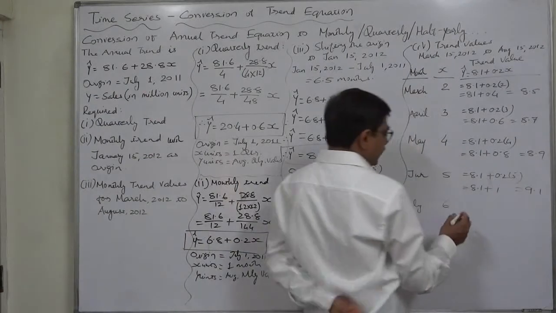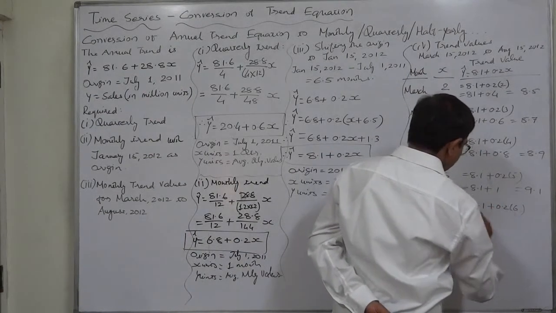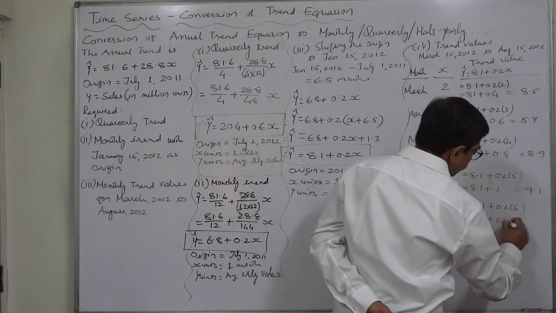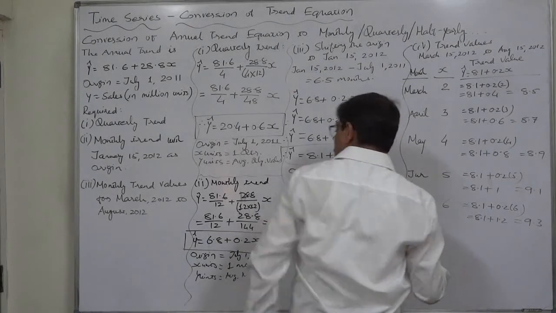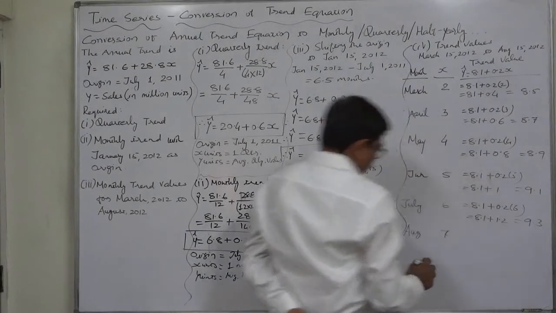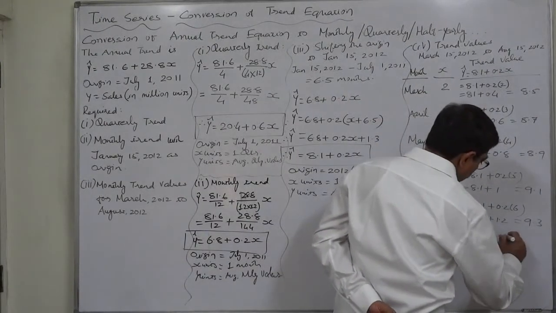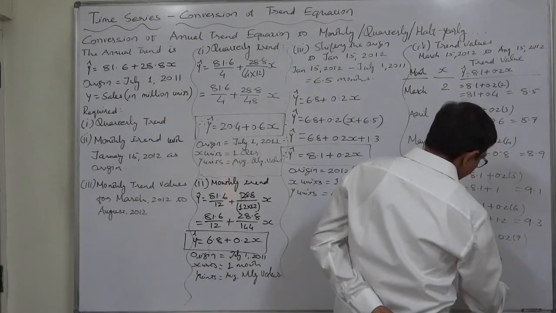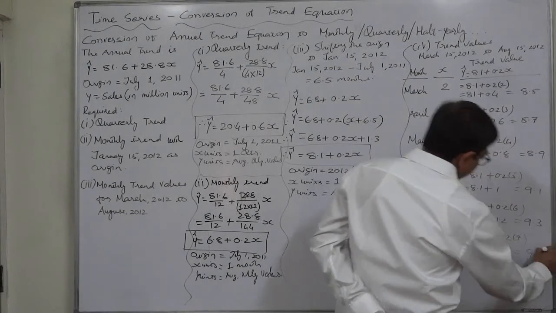July, it will be 6, X value 8.1 plus 0.2 into 6, that is 8.1 plus 1.2, that is 9.3. And August, because we need to find out the trend value till August 2012, X takes value 7: 8.1 plus 0.2 into 7, that is 8.1 plus 1.4, that is 9.5.